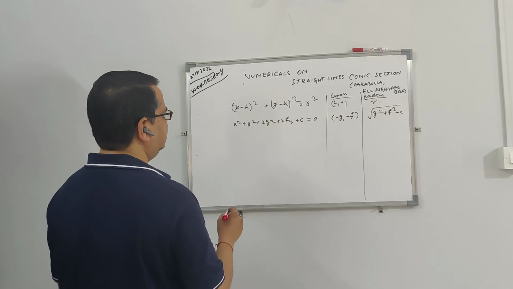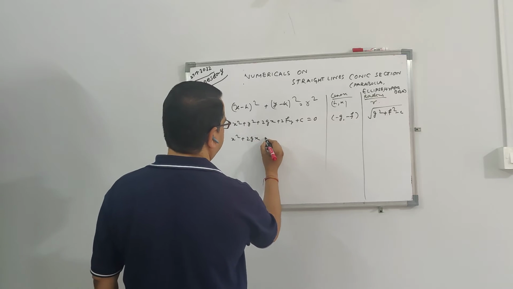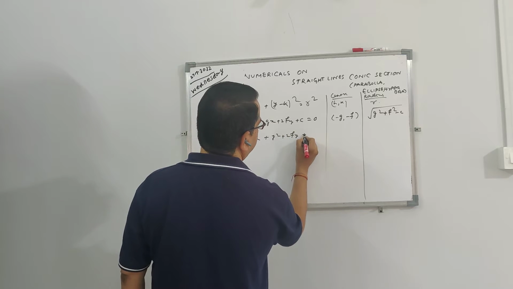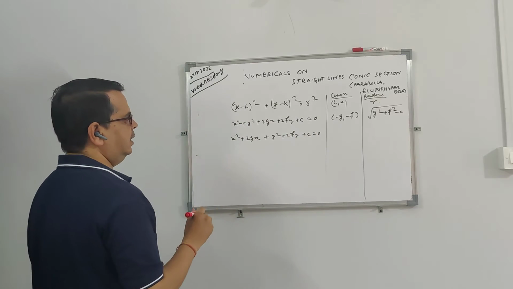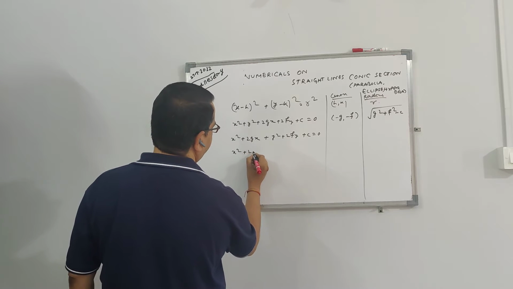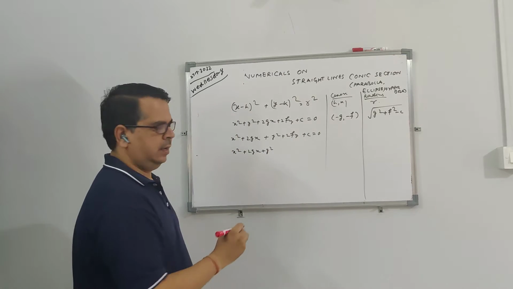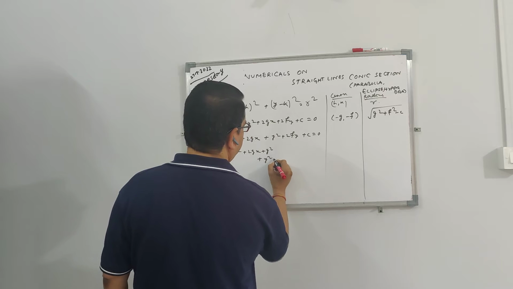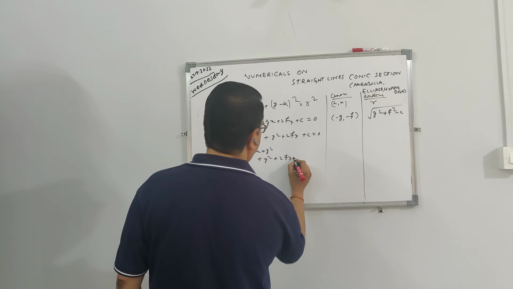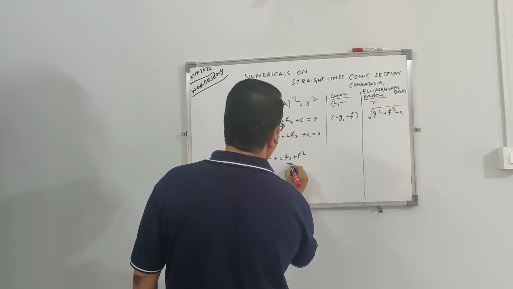So why is it like this? Because x square plus 2gx, you can write it like this, then y square plus 2fy, you can write it like this, then c. You can write it as x square plus 2gx plus g square, then y square plus 2fy plus f square, then c.